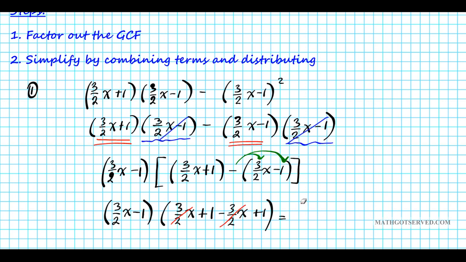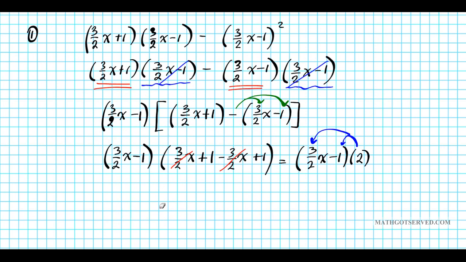So we're going to have 3 over 2x minus 1 times 2. Now distribute the 2 to both terms in this quantity. How do we multiply this? You can write this as 2 over 1 multiplied with 3 over 2, so you don't make any mistakes.